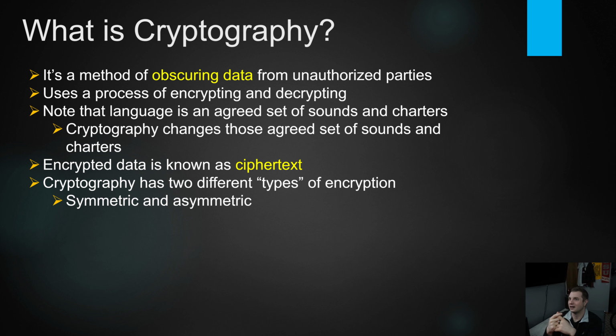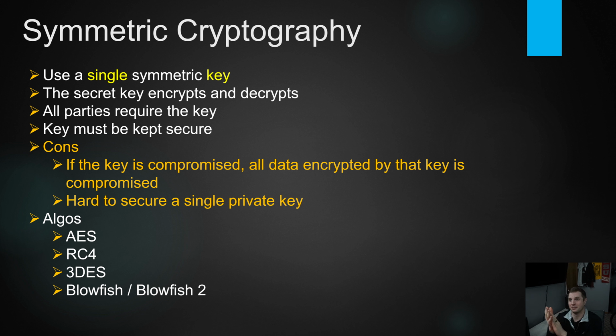So with that said, encrypted data is also known as ciphertext. And there are two types of encryption, or two types of keys: symmetric and asymmetric. We're going to go over symmetric first. Single key, single private key. It's a little bit easier to manage, but in general this is not going to be used, because of the downfalls of it.